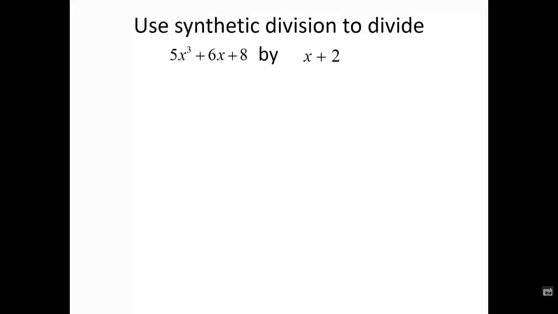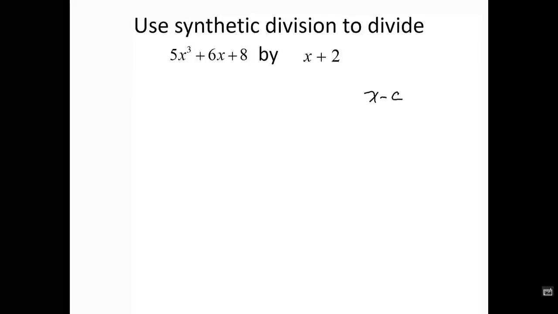Okay, let's look at an example using synthetic division to divide 5x cubed plus 6x plus 8 by x plus 2. The first step: we said that we wanted the divisor to be of the form x minus c.